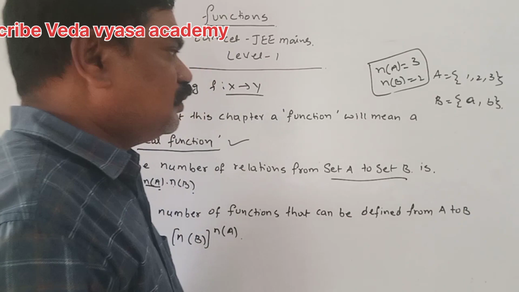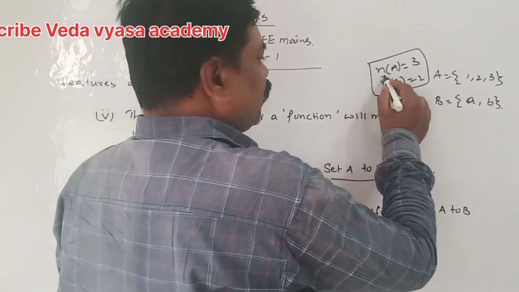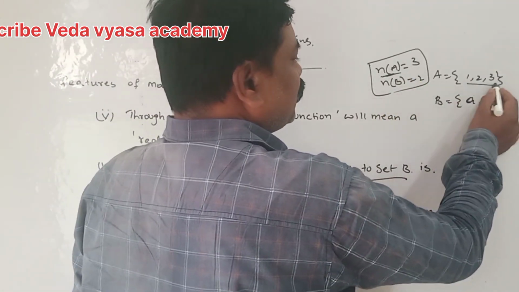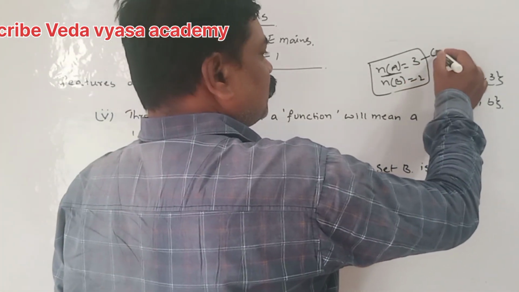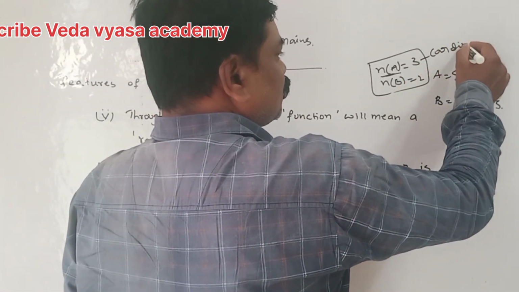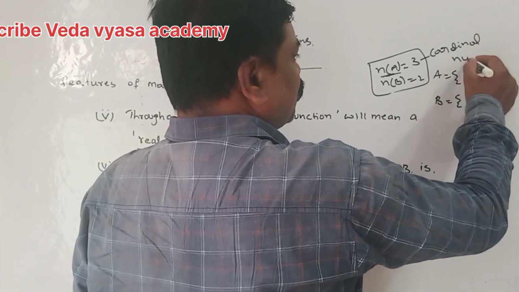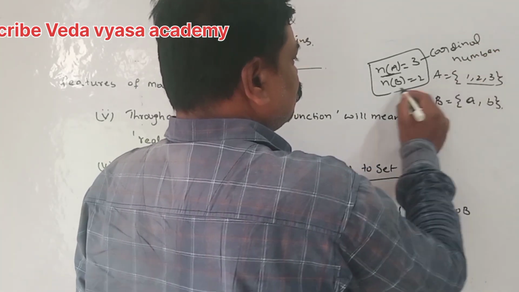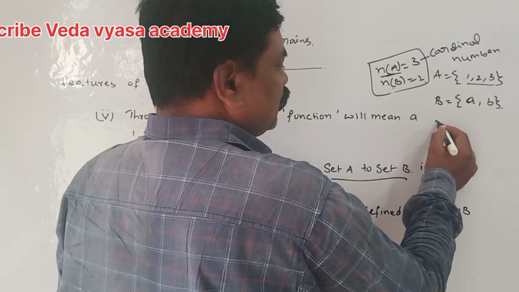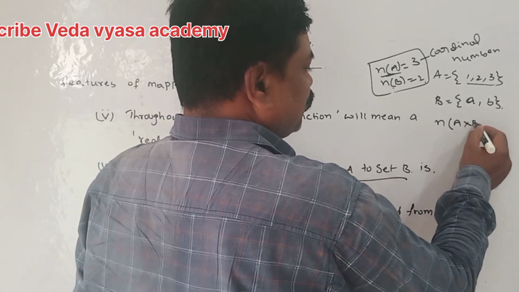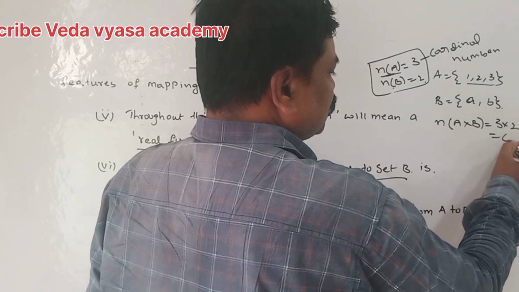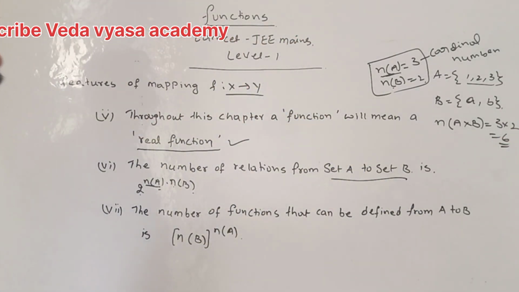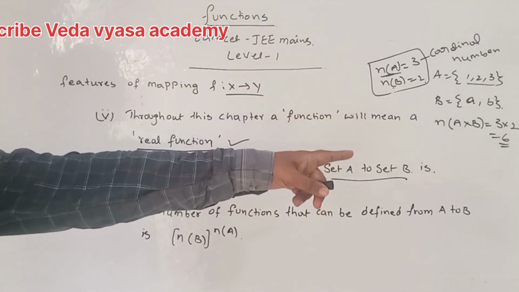Here, number of A stands for the number of elements in set A, that is the cardinal number. Number of A cross B is 3 into 2, which is equal to 6.